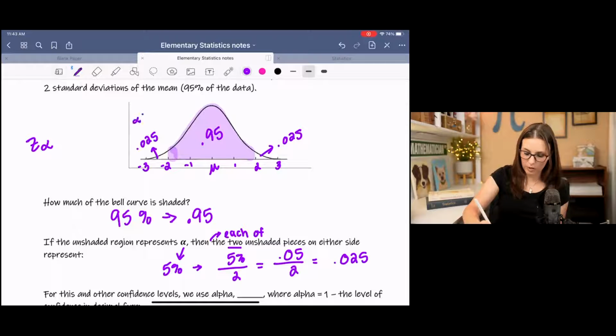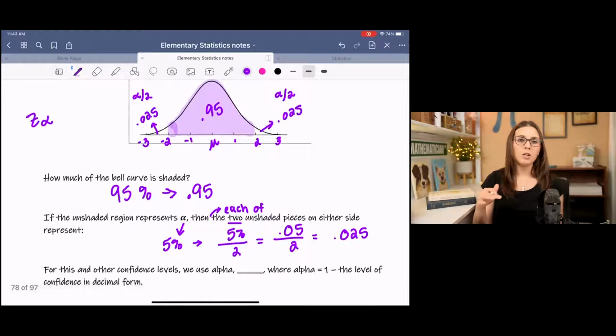And that represents alpha over 2. So when we are talking about confidence intervals, we end up with these 2 tails, and that's really going to come into play again when we talk about hypothesis testing, whether it's right-tailed, left-tailed, two-tailed. We won't get into that today, but we will later.